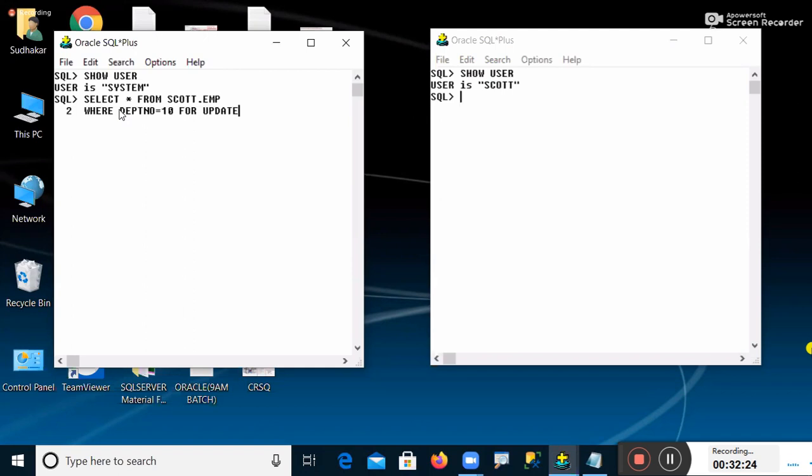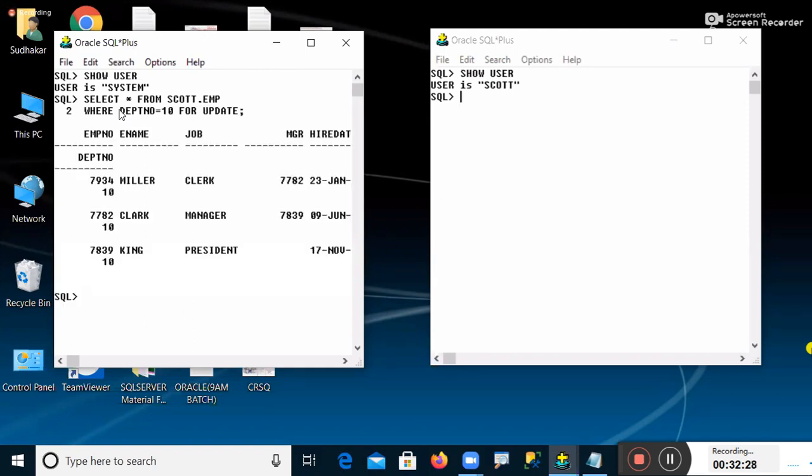So when you use FOR UPDATE along with this query, what happens here? The department number is 10, and in the 10th department three people are there. Can you see? Department number 10, three people. So these three people's rows are going to be locked.